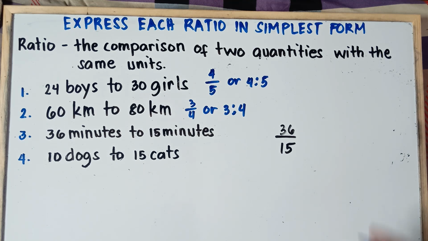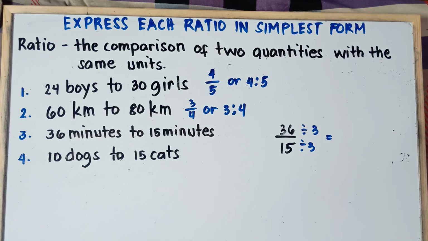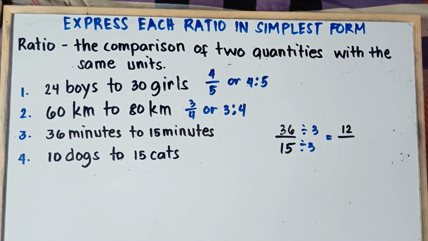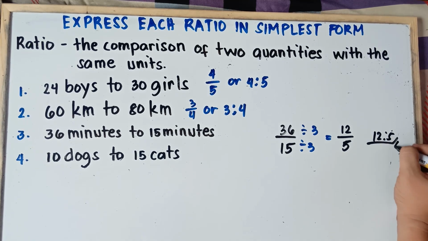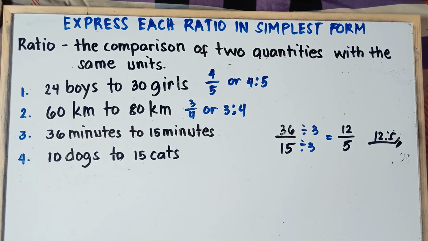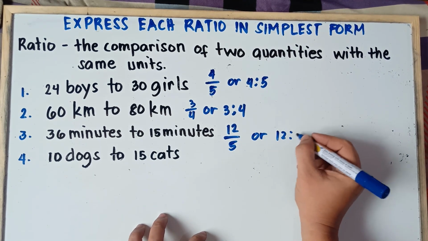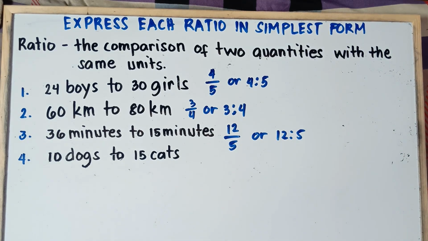So divide by 3. Divide by 3. So 36 divided by 3 is 12. 15 divided by 3 is 5. Easy as that, class. And this will be 12:5. That's it, class. That's the answer for number 3. Easy, right?